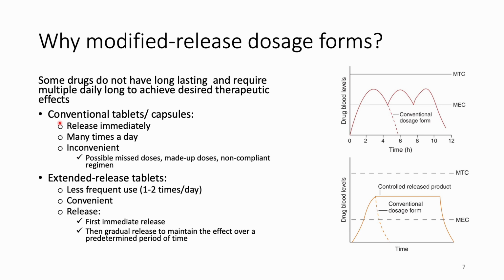However, it's associated with a short duration of effects, so it requires many doses a day. This can be inconvenient for patients because taking the drug many times a day can possibly cause missed doses or complicated makeup doses for the missed dose, and it can lead to non-compliance with some regimens.